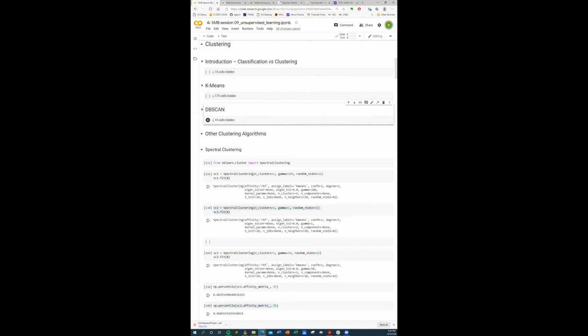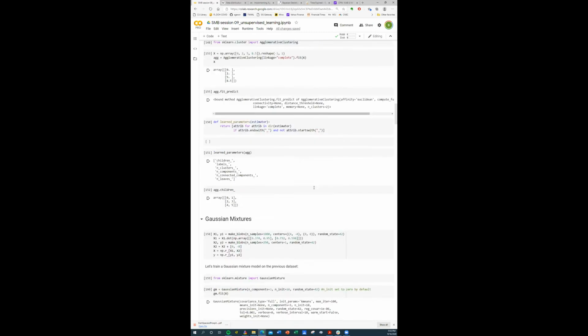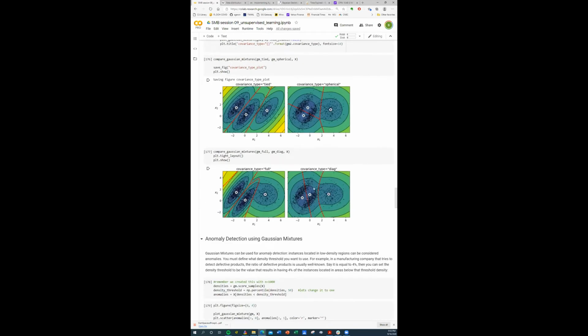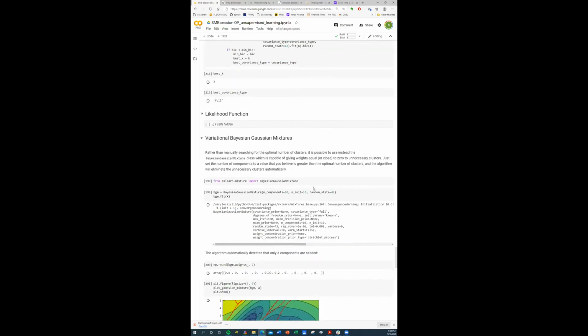So in the example that he provides, he calls the Bayesian Gaussian mixture and imports it with 10 components and an n init of 10.